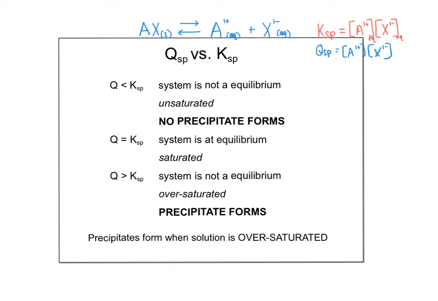So if Q is less than K, what this means is we are going to shift right, which is towards the products. So on this reaction, we would move to the right.